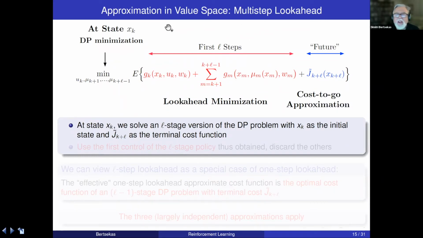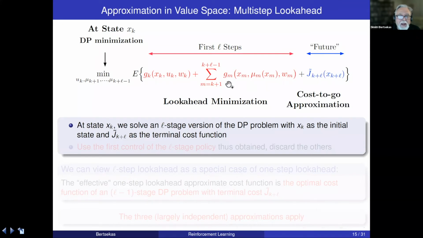Okay, now we can expand this very simply to multi-step look ahead. Here at state xk, we do a minimization involving multiple steps, L steps in particular, and we add at the end a terminal cost approximation that estimates the cost of future stages using this J tilde function.